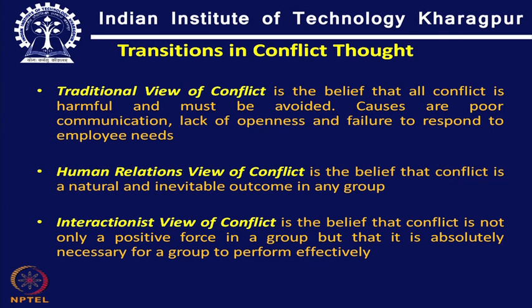So, the traditional view of conflict is the view that conflict is generally harmful in nature and should be avoided. It is a dysfunctional view of conflict, which treats conflict as arising from poor communication, lack of openness, and failure to respond in a certain way.